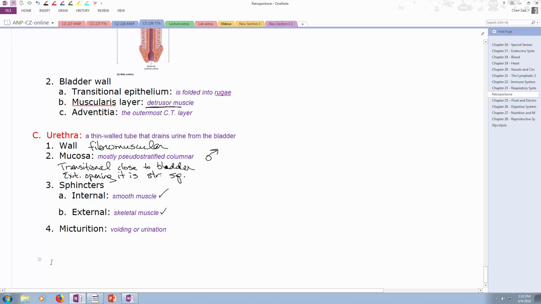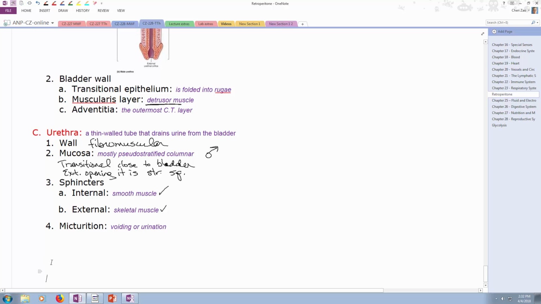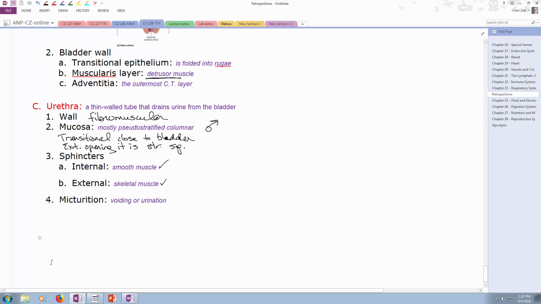And let's go ahead and talk for a moment about micturition and the micturition reflex, which is also referred to as voiding or urination. What happens is when 200 cc's or mLs accumulate in the bladder, it activates stretch receptors of the detrusor muscle and causes that muscle to contract at the same time, causing relaxation of the internal sphincter.